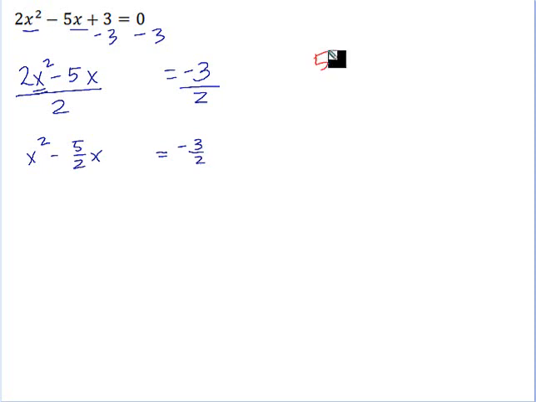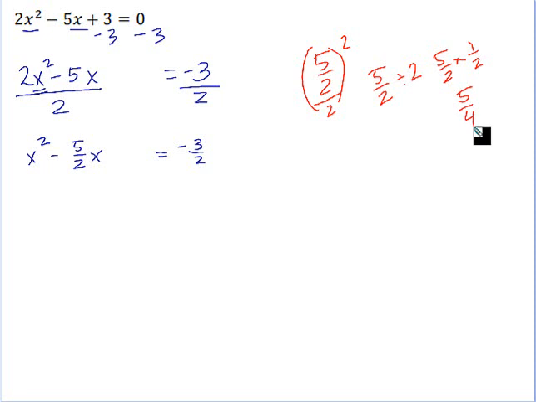Now our b term is 5 halves. We're going to want to first divide that by 2 and then square it. Well, 5 halves divided by 2 is the same as 5 halves times 1 half, or 5 fourths. 5 fourths squared is 25 sixteenths. So we are going to add on 25 sixteenths to both sides of the equation.